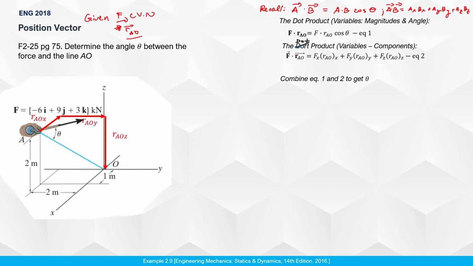And then ROY naman natin is from here to here, so magiging 0 minus negative 2 meters. And then ROZ, pababa naman tayo, so magiging head natin is 0 minus 2 meters. Tingnan natin kung tama ako.